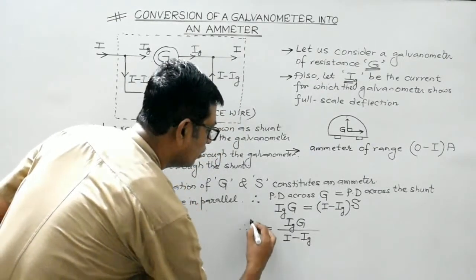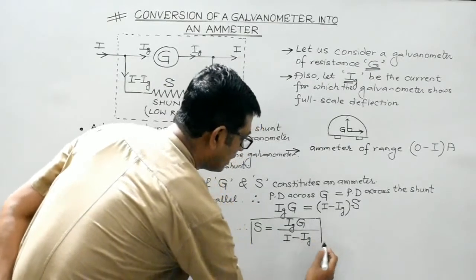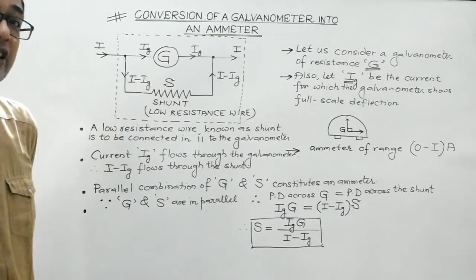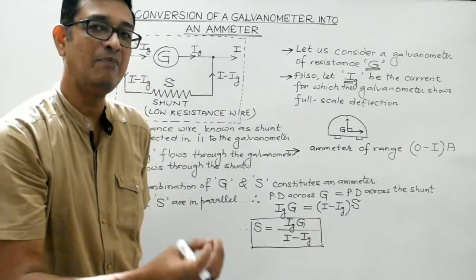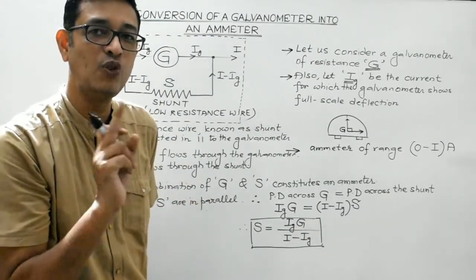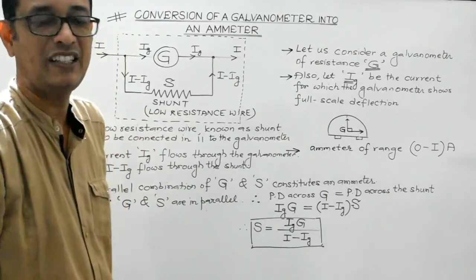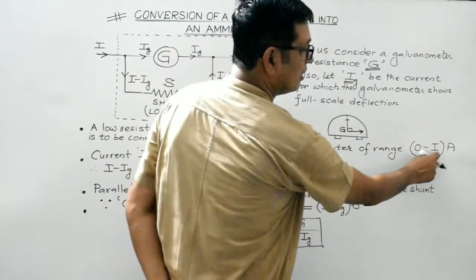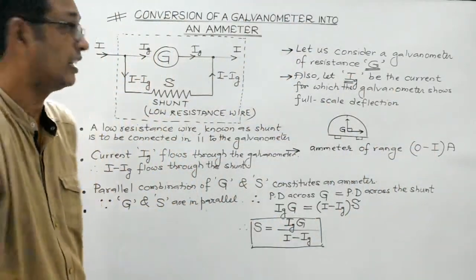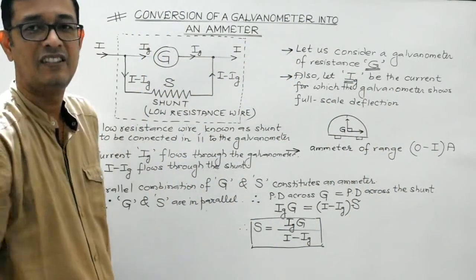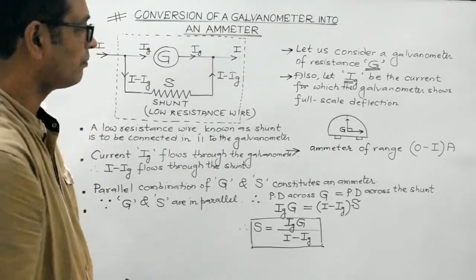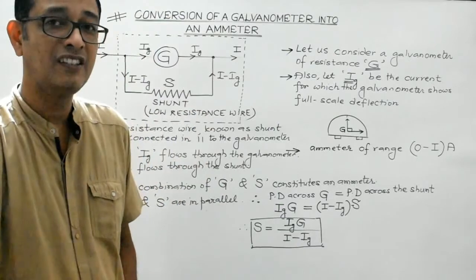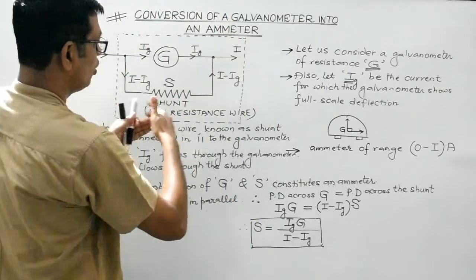So this is the value of shunt, which when connected in parallel to the given galvanometer will convert the galvanometer into an ammeter of range 0 to I ampere. Right? Here I is the maximum value of current which the ammeter can measure, that is, which flows through the main circuit. Clear, students?